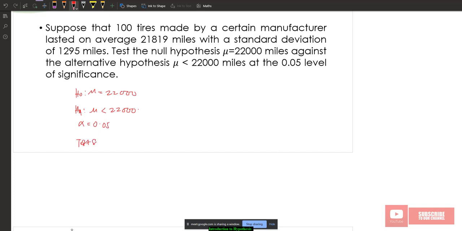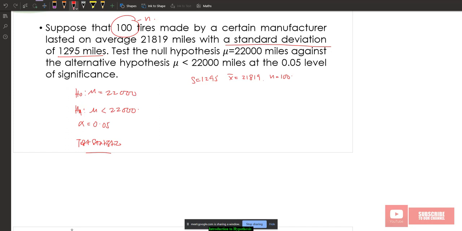Our test statistic: we have n equal to 100 and standard deviation 1295, so this is the standard deviation for 100 tires. S is equal to 1295 and the average for 100 tires is 21,819.